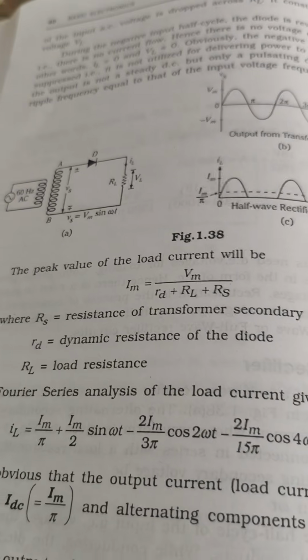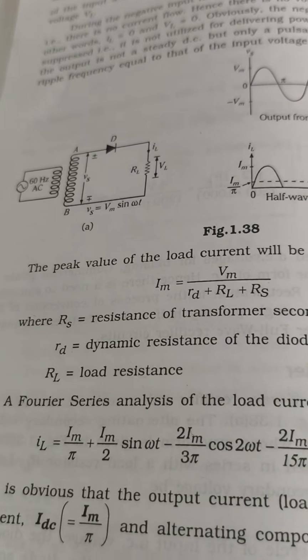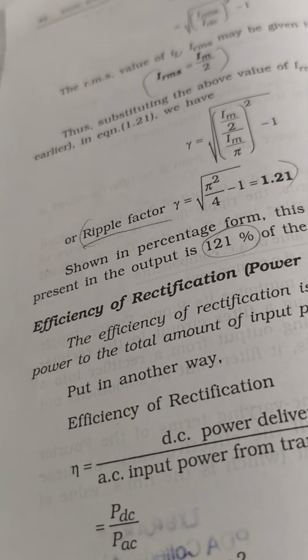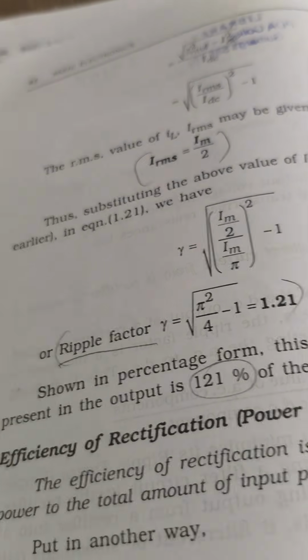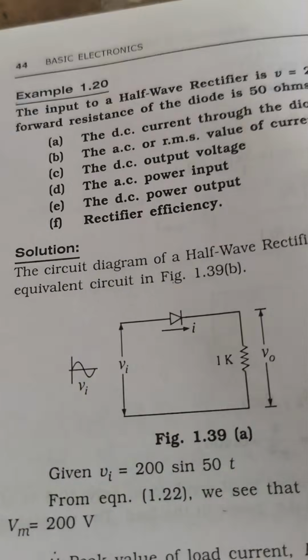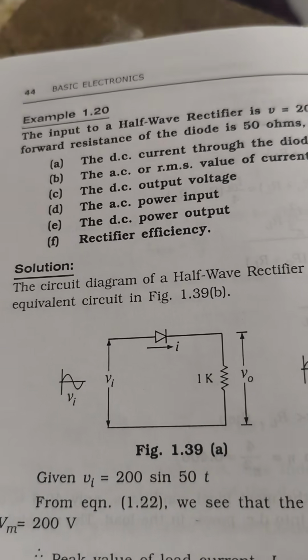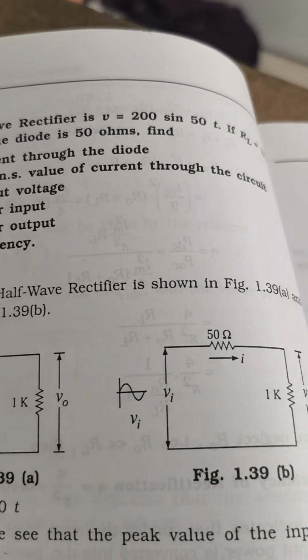So many terms are there that we'll discuss, because in the exam they will ask problems if you know ripple factor, efficiency, what is IRMS, everything. For example, the input to the half wave rectifier is voltage 200 sin 50t.